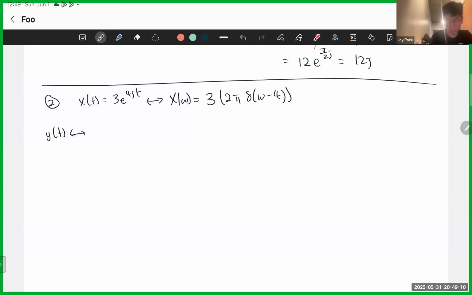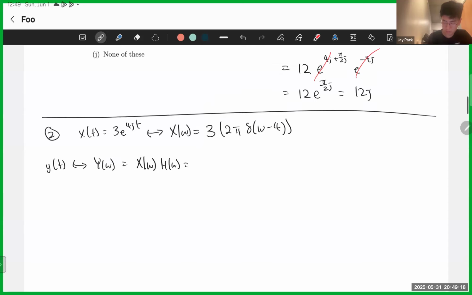will admit a Fourier transform, y of omega, which is equal to x of omega times h of omega, which is 6 pi. I'll just leave it at 3 and 2 pi, delta omega minus 4, and h of omega.